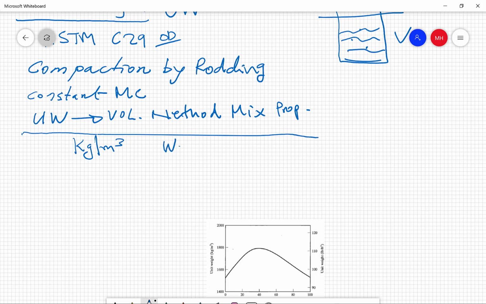We have this term, weight of aggregate, in 1 cubic meter volume. So if we look, we have the total volume equals V sub A plus V sub V, which equals 1 cubic meter.